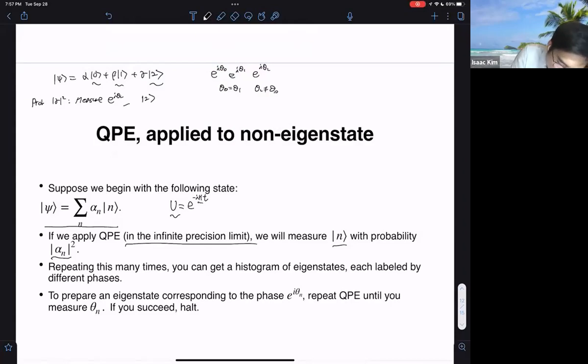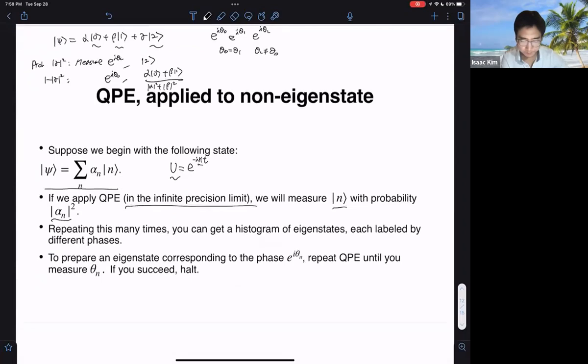With probability 1 minus gamma square, you measure e to the i theta 0, and the post-measurement state is just this state but normalized. You basically just apply a projection to that subspace. Okay, so that's the general rule.